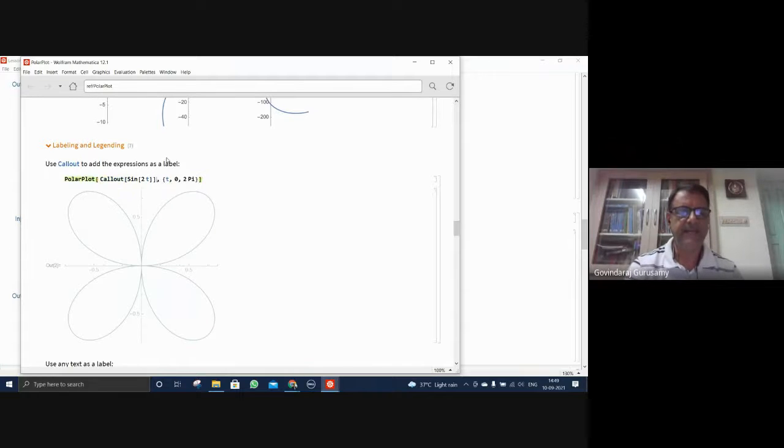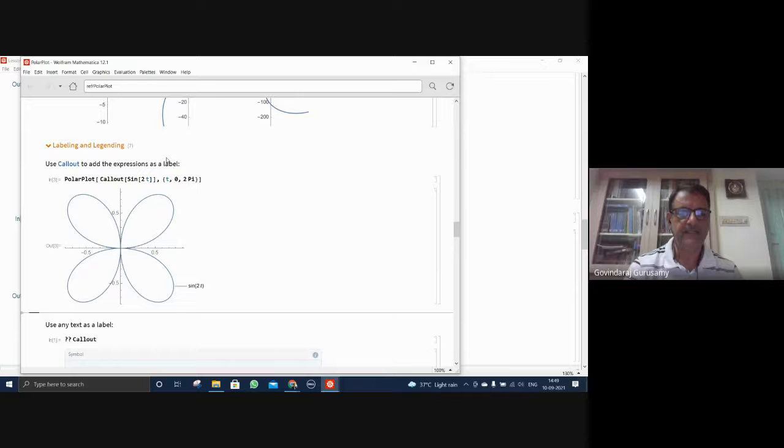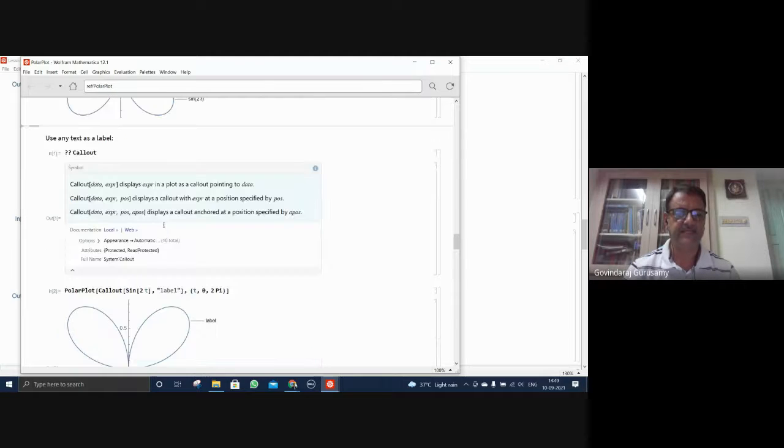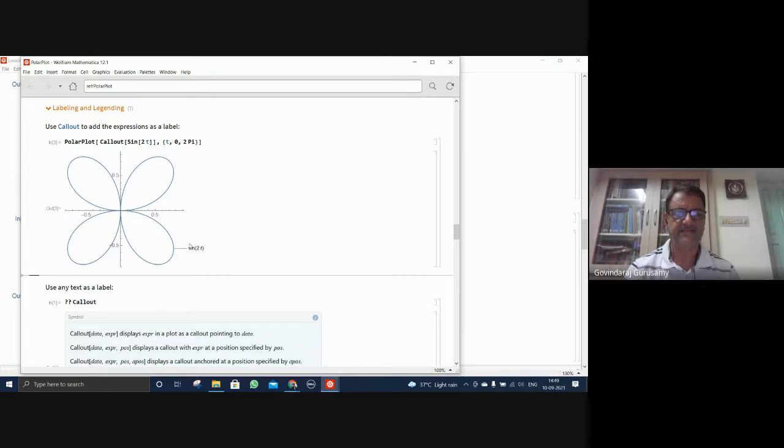The name of the thing is going to be added here. You can see this sine 2t is added here. The data that you have generated is nothing but your sine 2 theta. That's what it says. Callout data, expression: display the expression in a plot as a callout pointing to data. That is the meaning of this.